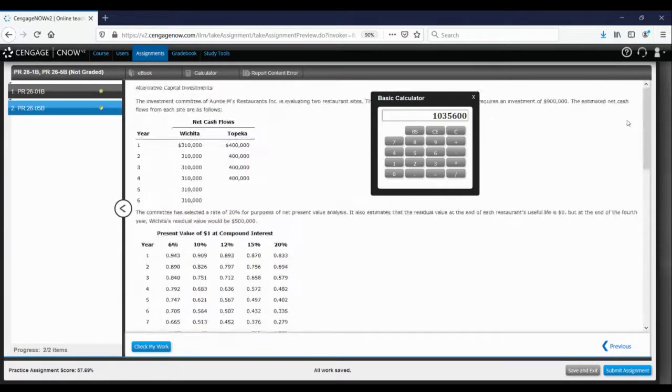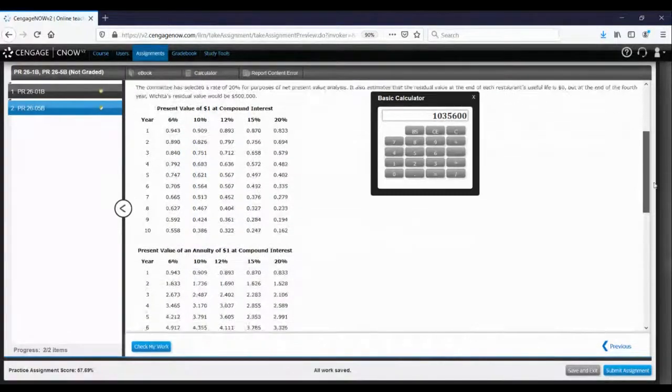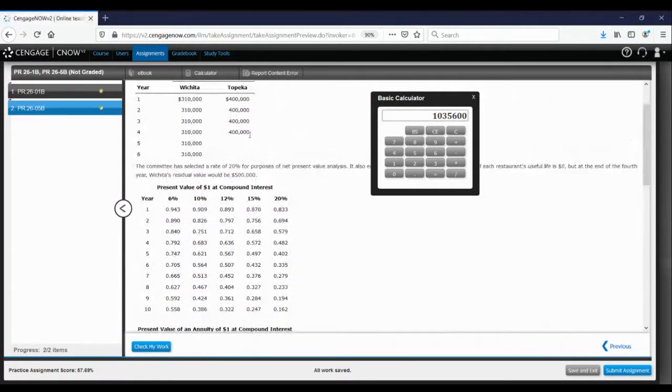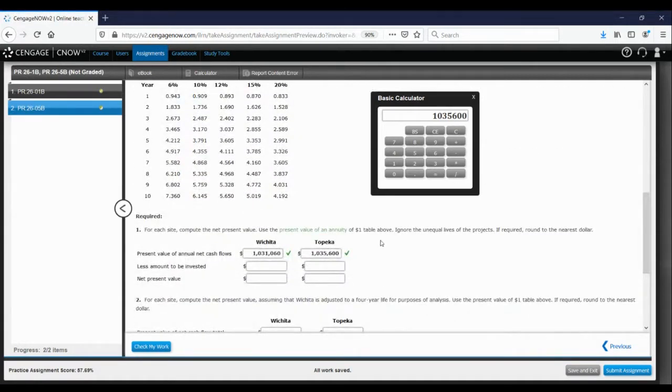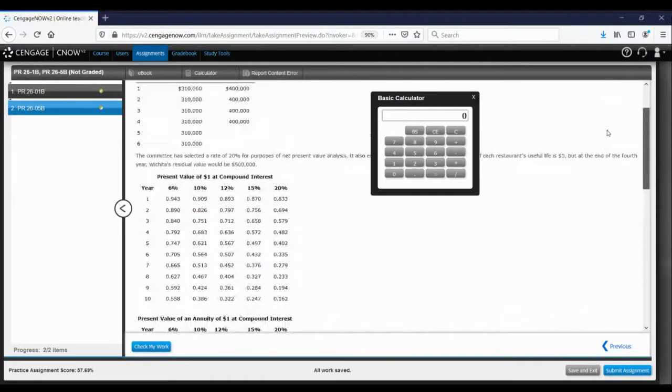Again, because Topeka only had a 4-year life, I had to look on my annuity table. Since all these payments are equal, all these cash receipts are going to be equal. 4 years at 20% interest is 2.589 that I multiplied by 400,000 to give me Topeka's total present value. Then what I've got to do is look to see how much the investments are going to cost us.